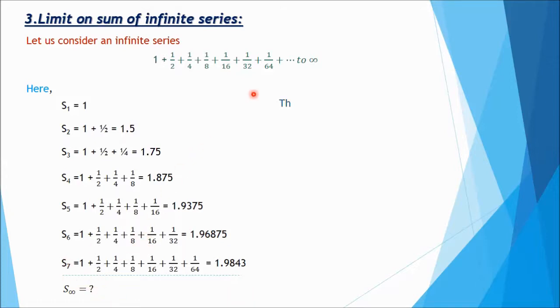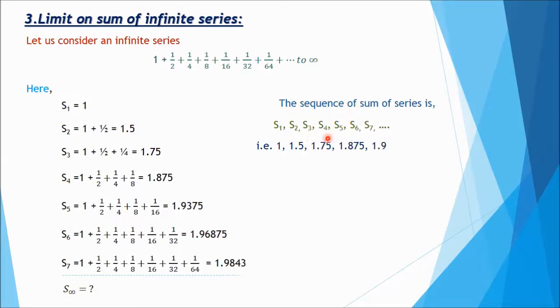Now let's see the sequence. Let's create a sequence from these sums, taking S1, S2, S3, S4, where S1 is 1 and then 1.5. Where is the last term of this sequence approaching?